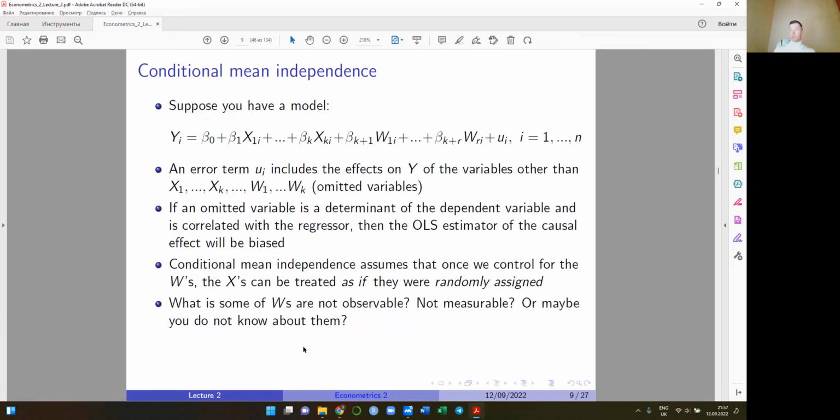What if they are not measurable? Or maybe we simply are not that smart and we forgot or overlooked some of such variables. In this case, of course, the omitted variable bias problem arises, and we cannot claim that the effects estimated with the help of OLS correctly quantify the causal effects.